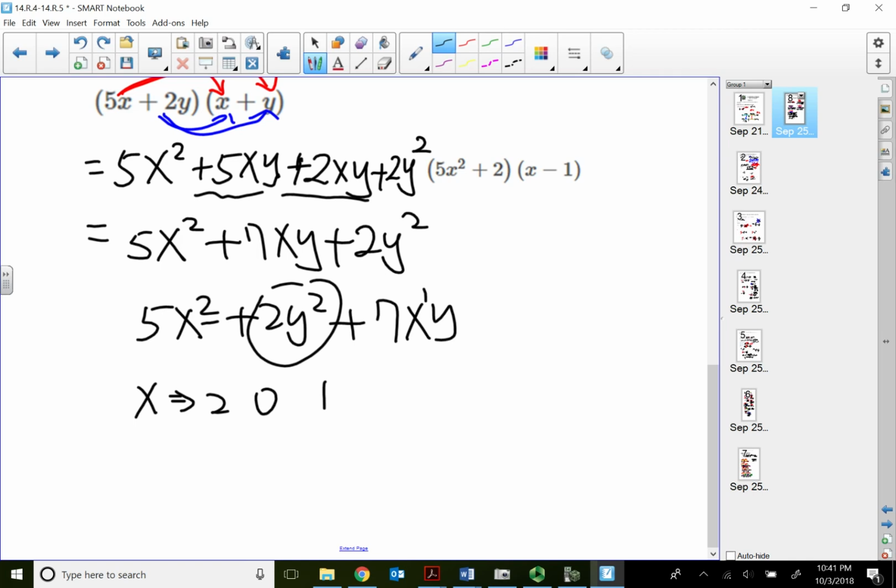So that's not in any sort of order. The exponent for the y, see the first term has no y because it's y to the 0. So the exponent for the y will now read 0, 2, 1. Okay, so that's not in order. That's the reason why we have to write x squared up front and y squared on the back. The first power goes in the middle.